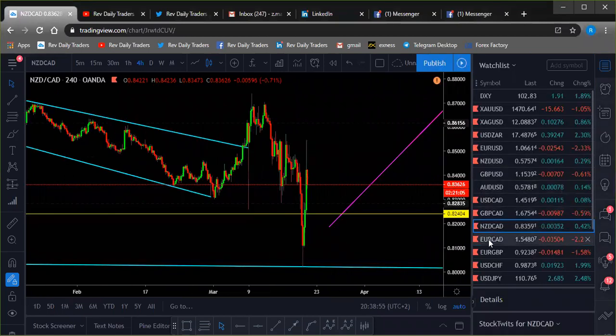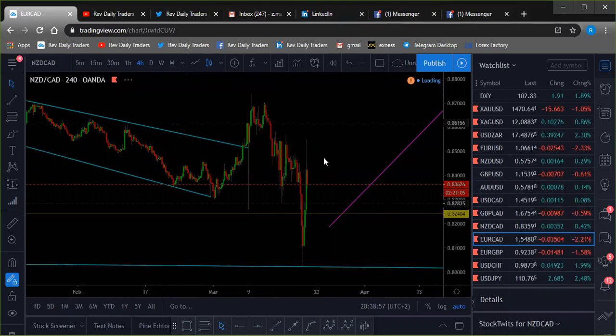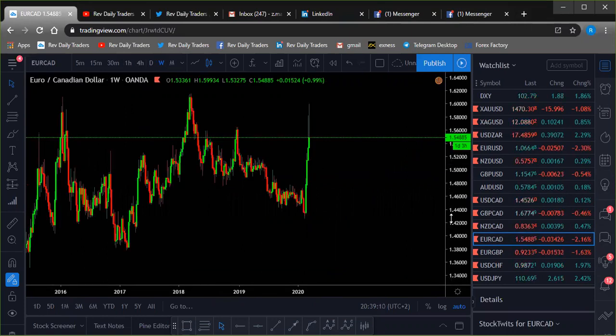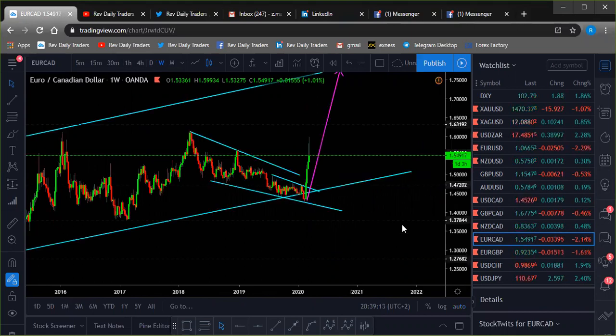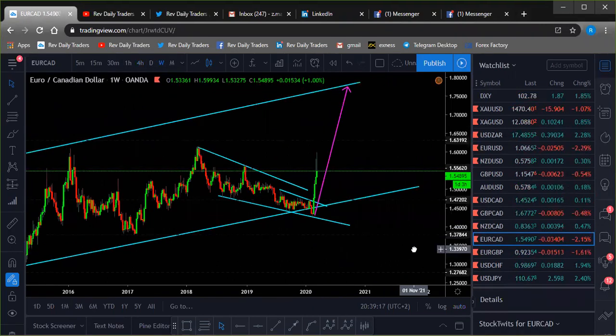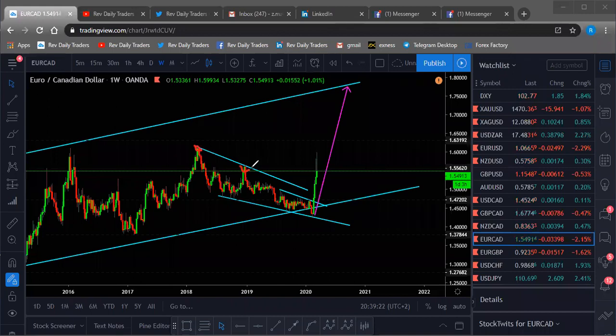Next currency pair, it's Euro CAD. Start on weekly time frame. Right. We got this wedge pattern, okay?